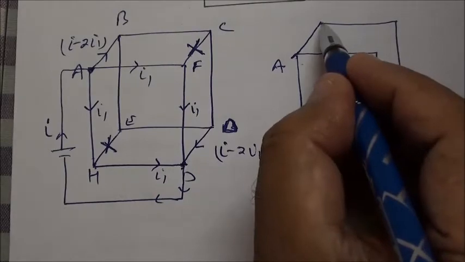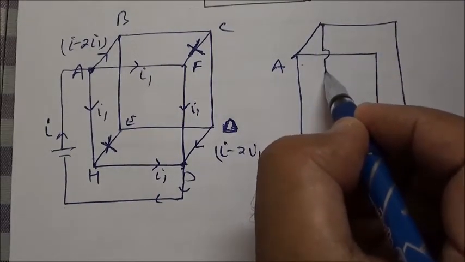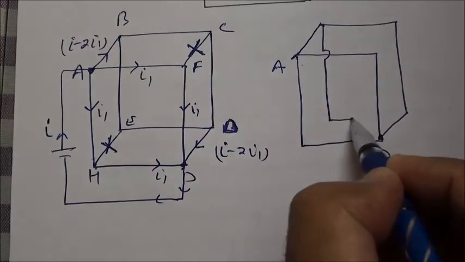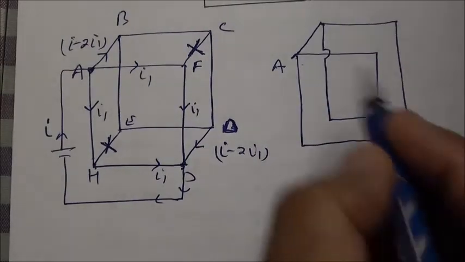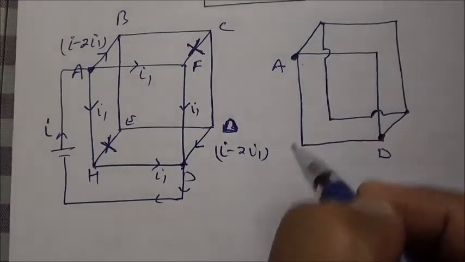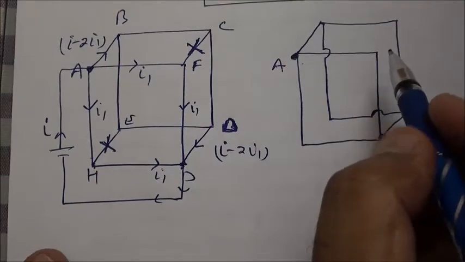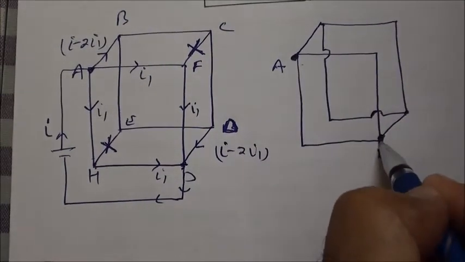From here they are not touching, and same way they are not touching here. So between A and D I have removed this and this. So now see how the current is passing between these 2 points A and D.